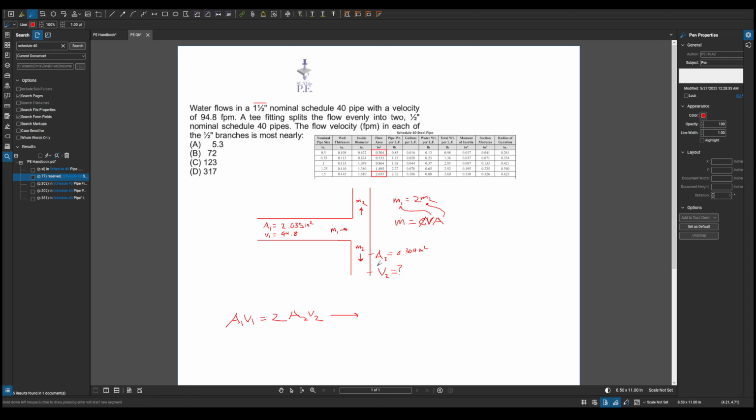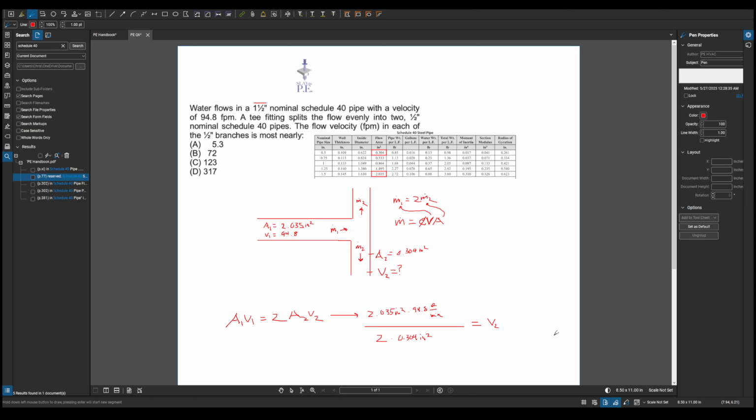Plug in numbers. So A1 is 2.035 inches squared times 94.8 feet per minute divided by 2 and divided by 0.304 inches squared. All this should equal V2.